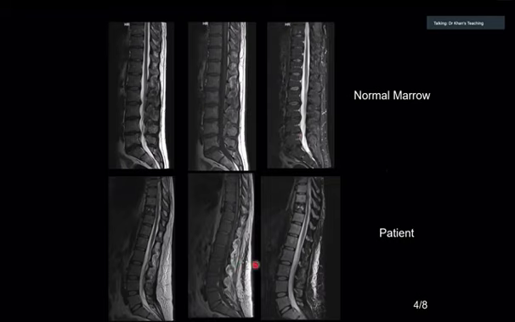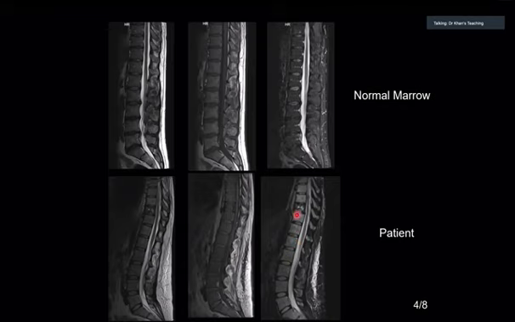Look at this case. Initially, because it is a diffuse finding, it looks like normal. Look carefully at the vertebral body, compare it with the intervertebral disc, and then you realize, oh, this is less than the intervertebral disc. Look at the stir, and if you have developed your eyes on the normal, then you will understand that everything is high signal.